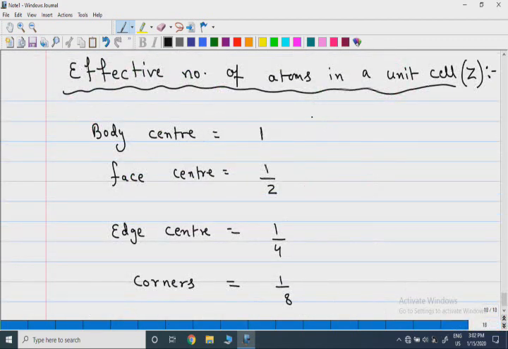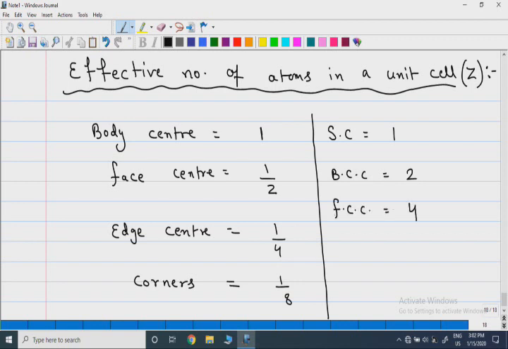So, I can conclude one thing. Simple cubic has got one atom. Body centered cubic, which is the BCC, 2. Face centered cubic, 4. Edge centered cubic, 4. End centered cubic, 2. That's what you have to remember.